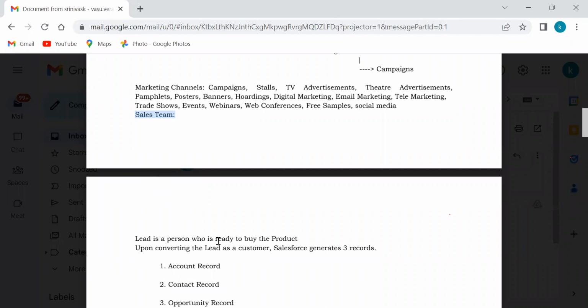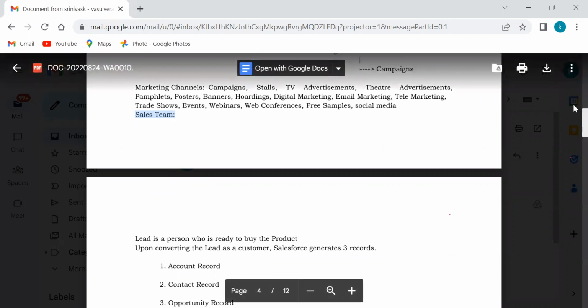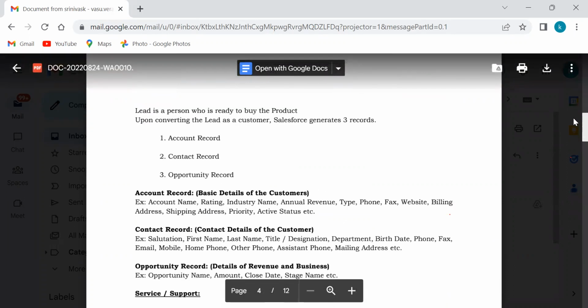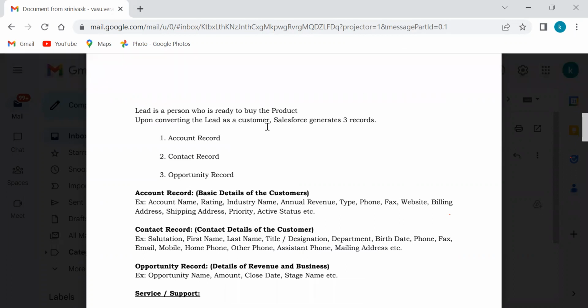Once the lead is converted into a customer in Salesforce, Salesforce will automatically generate 3 records. One is the account record, second is the contact, and third is the opportunity record. These are the 3 records which will be generated upon converting the lead into a customer in Salesforce.